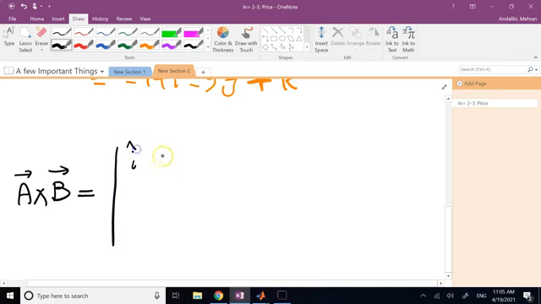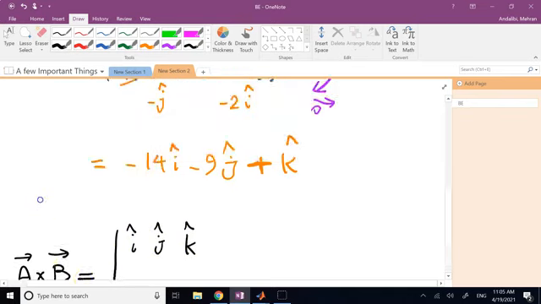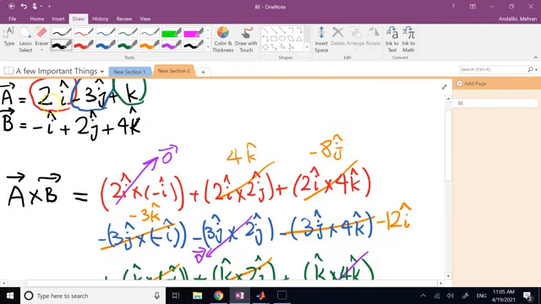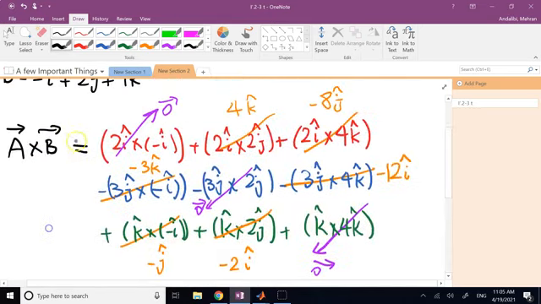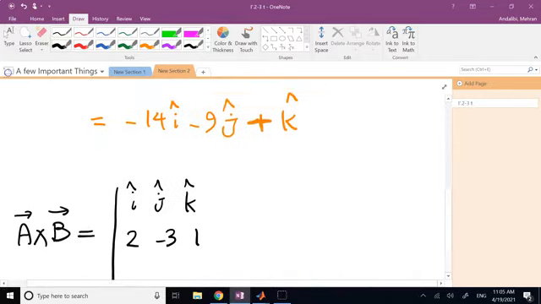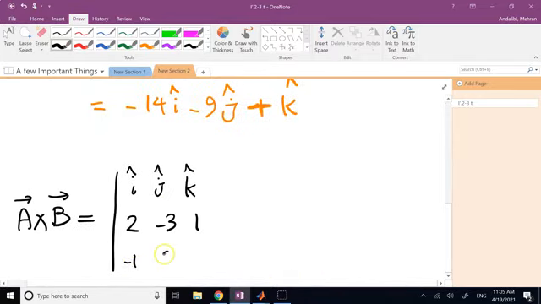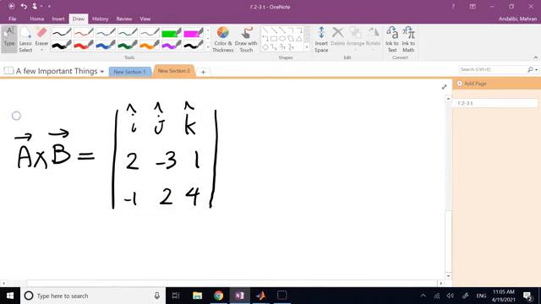The first row will be i, j, and k. The second row are going to be the elements of vector A, 2, negative 3, and 1. And then the last row is going to be the numbers in B, negative 1, 2, and 4. So if you do it by this determinant, it is way easier.